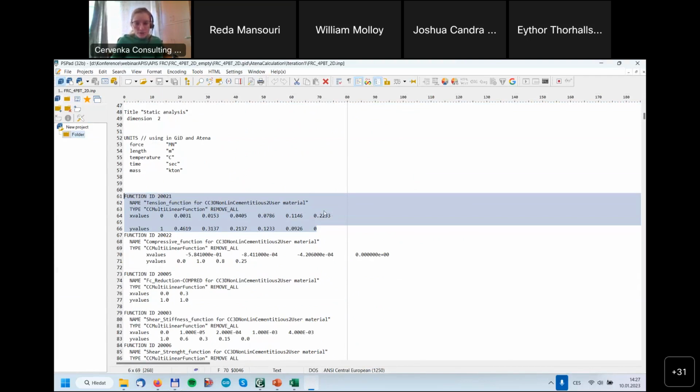You can see that there are already more points on this multilinear function, not just 3 like on the initial one. And with this tension function, the simulation is running at the moment.